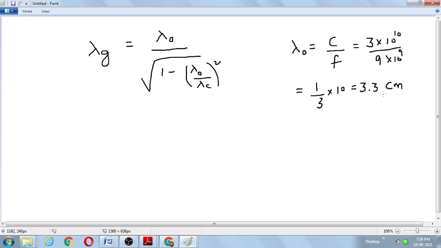So here lambda naught is calculated. So it is easy to calculate lambda g. Why? Because lambda c is already calculated, 4 centimeters.